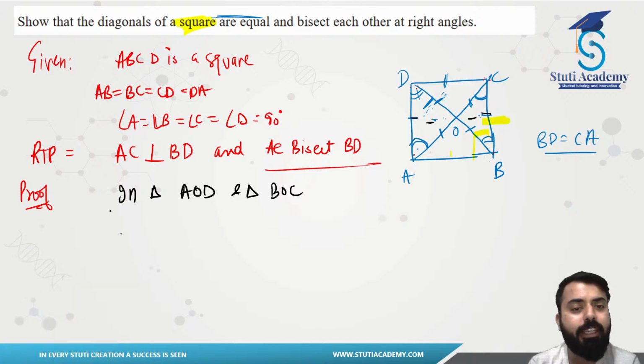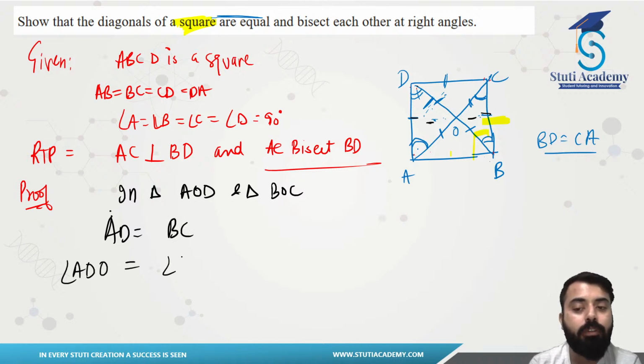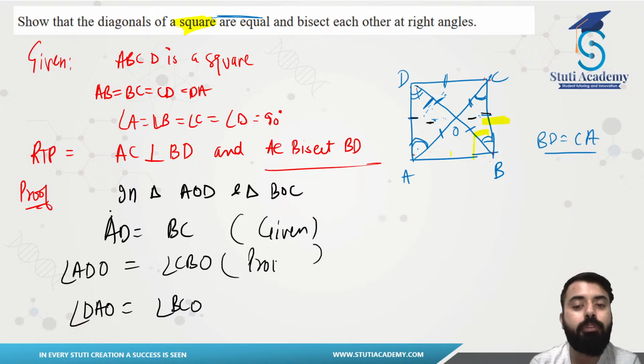So in this case I can easily say, let's just prove this one. AD is equal to BC, angle ADO equals angle CBO, angle DAO equals angle BCO. This is given, this is proven, this is proven obviously.